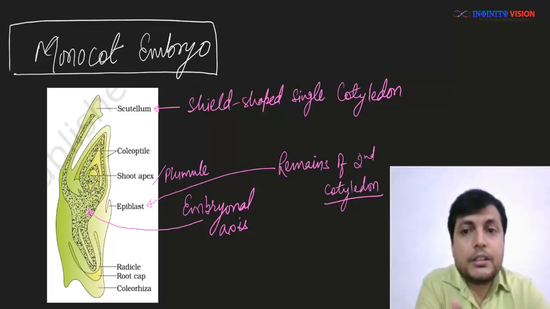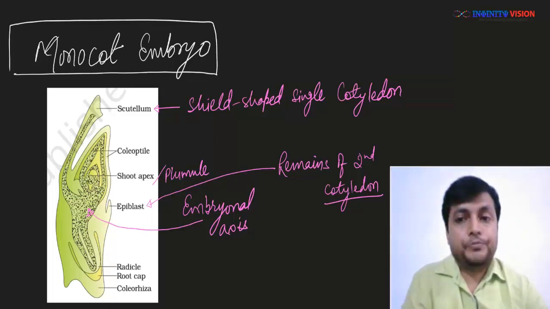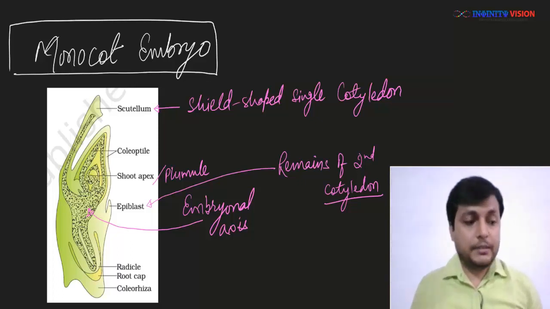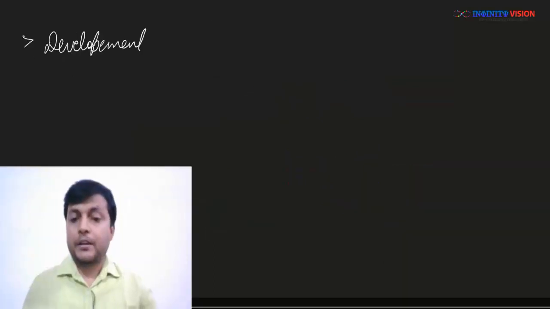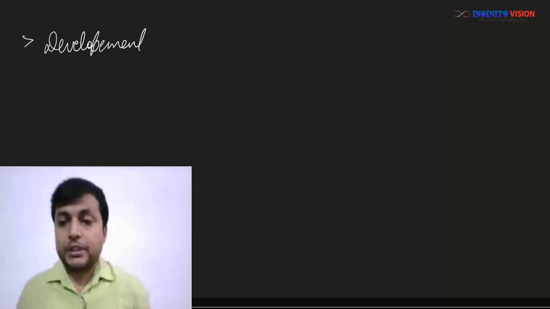So this is how a monocot embryo looks. These are the structures of the monocot embryo. Just take care of the scutellum. It is important.